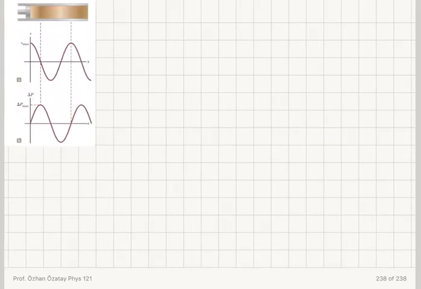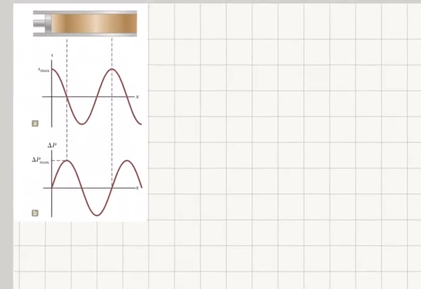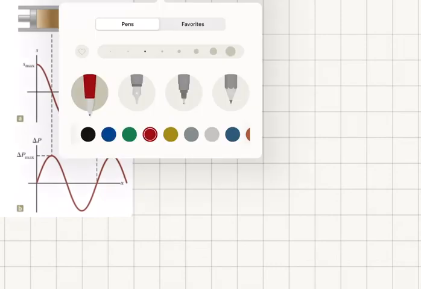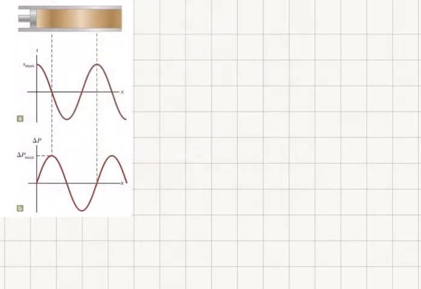So if I look at a plot of this here, here is S as a function of x, and here is delta P as a function of x. So this is going to be, remember, S of x,t equal to S max cosine kx minus omega t. If I fix the time at t equals 0, I'm looking at this curve, and so basically this is describing t equals 0.